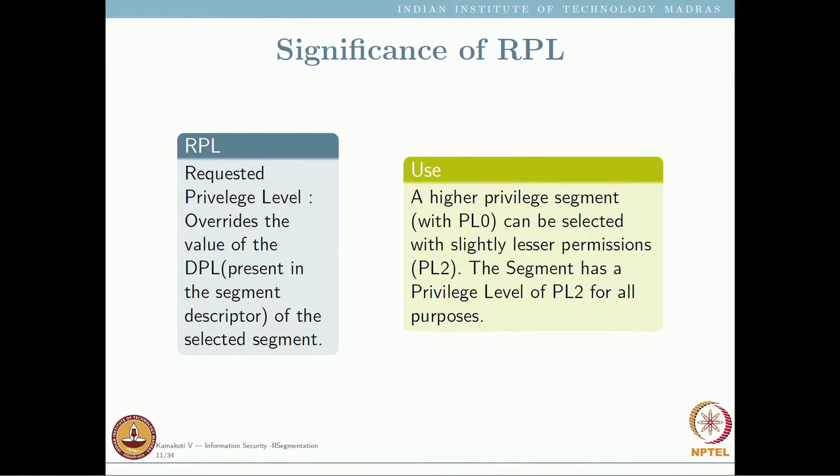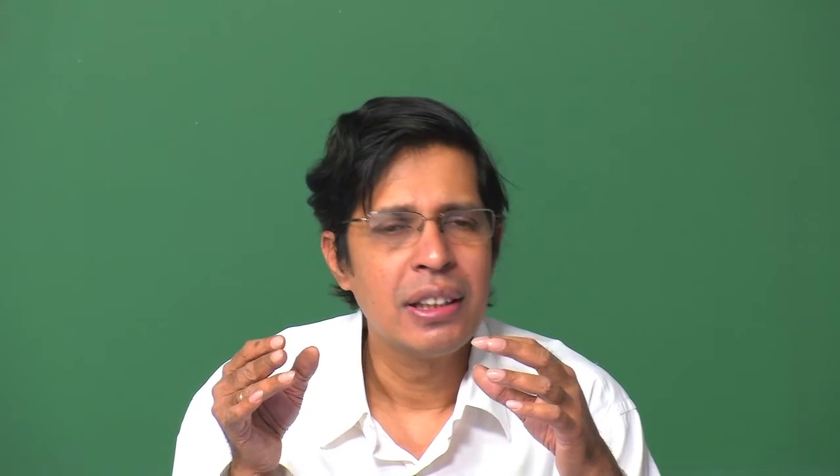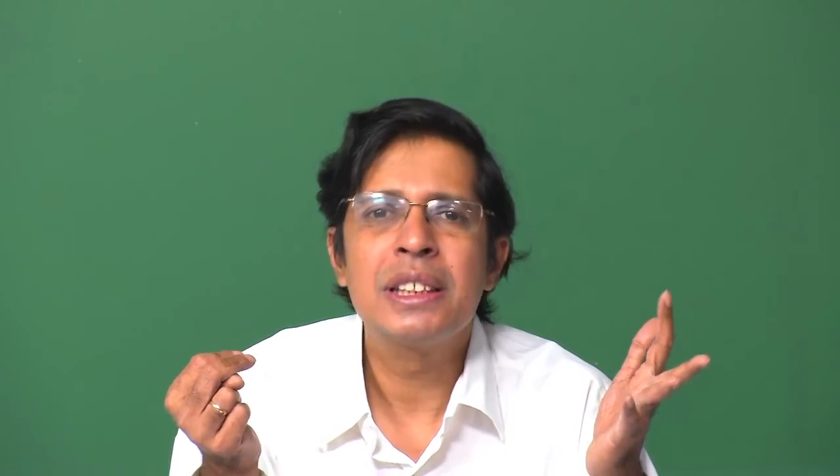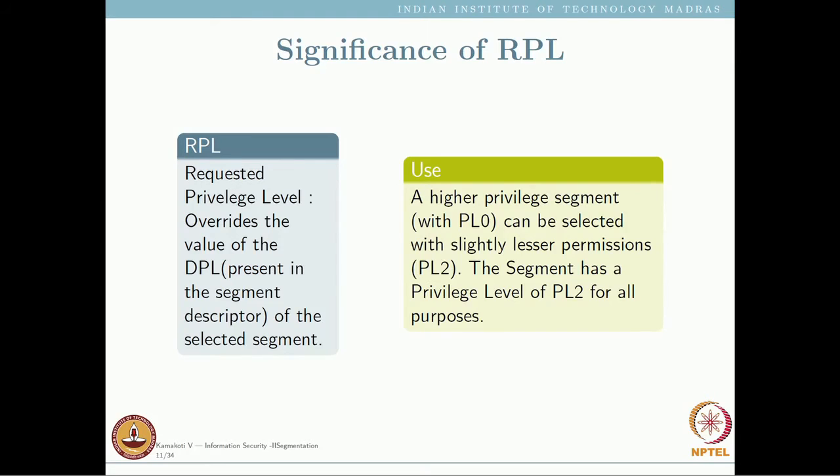And then we also saw that there were 3 bits in this global and local descriptor selector when we try to address these tables, because all the segment descriptors start at an 8 byte boundary. So we had 3 bits that are actually wasted, and of the 3 bits, 1 bit we used to indicate whether it is GDT or LDT. The remaining 2 bits we used for what we call the requested privilege level, RPL.